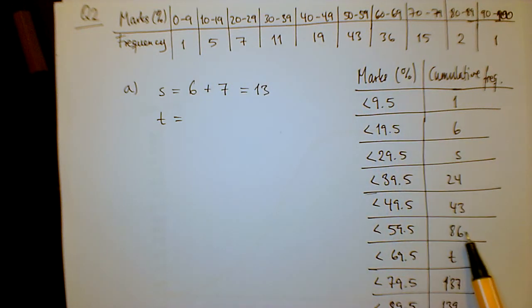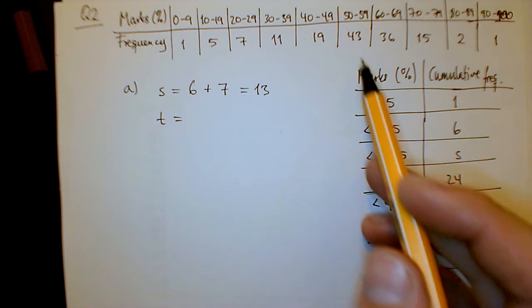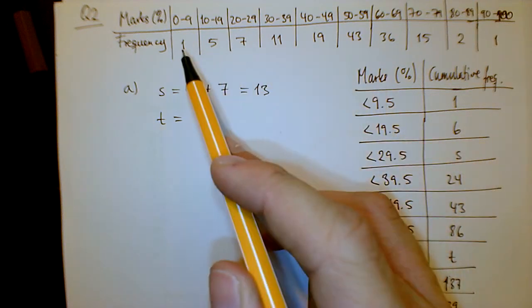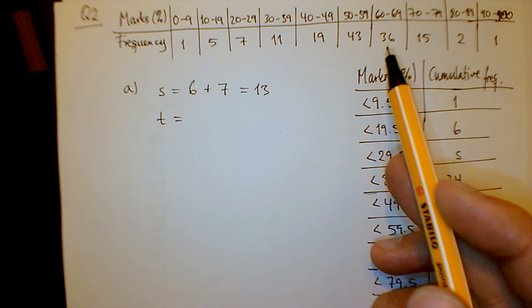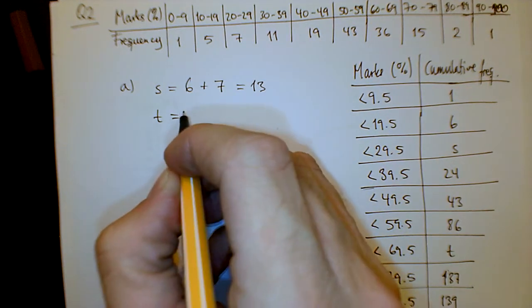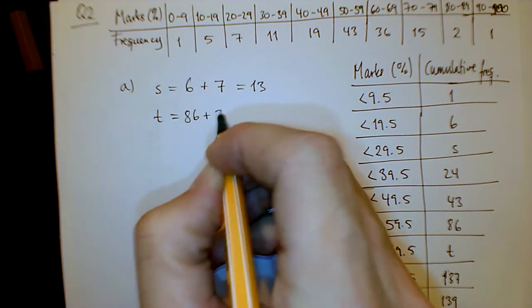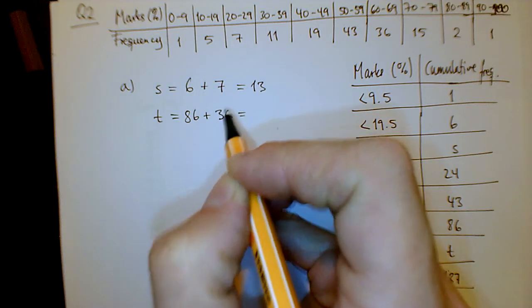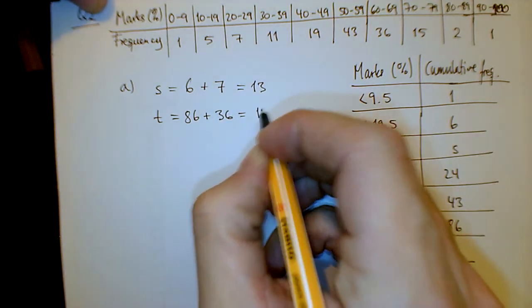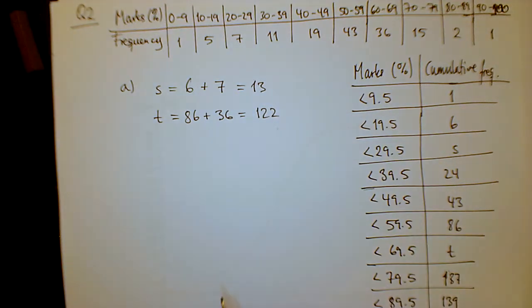But the easiest way of doing it is taking the 86, because that's the cumulative for this group, which means that all of these are 86. And then we add the 36 additionally. So we have 86 plus 36, and we get 122. So that should give us T.